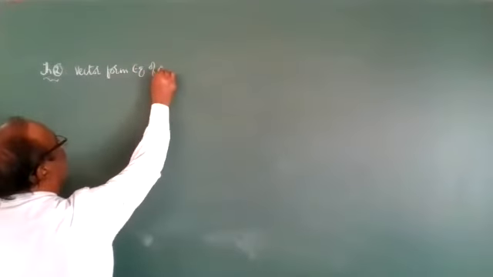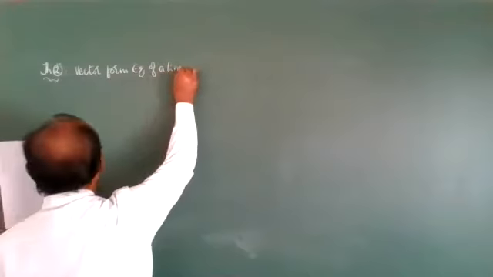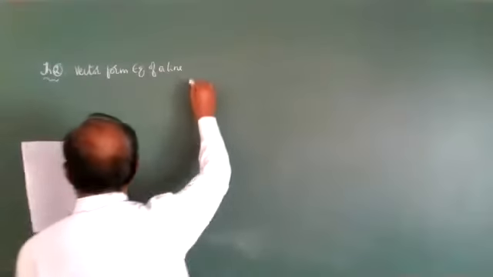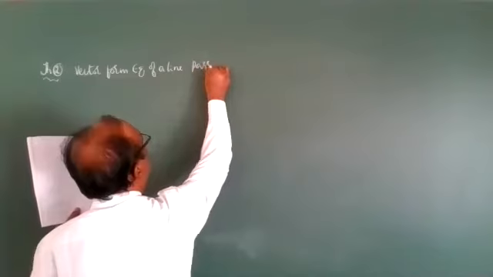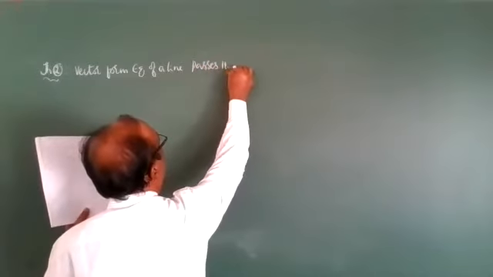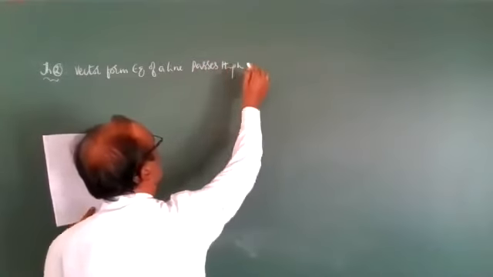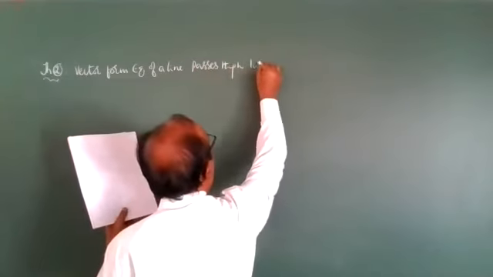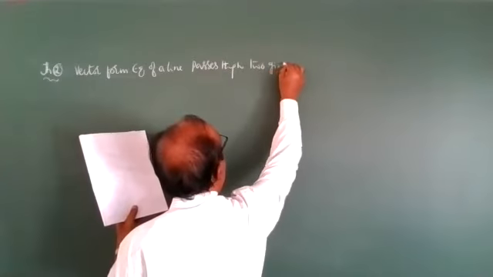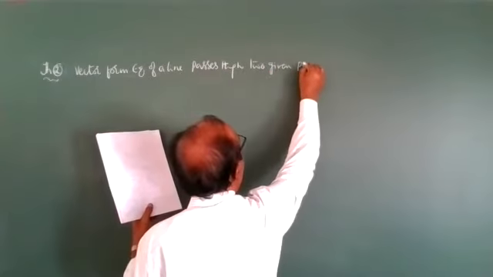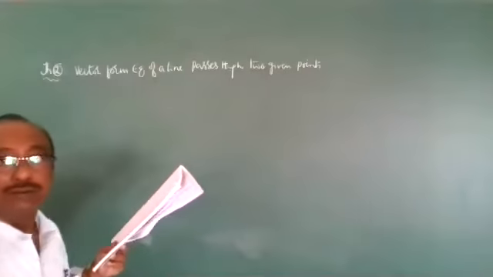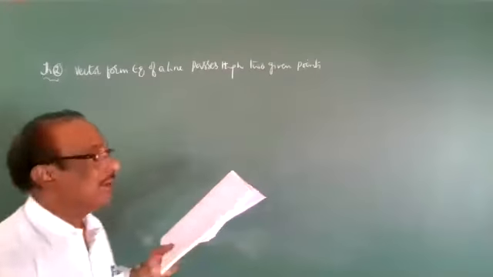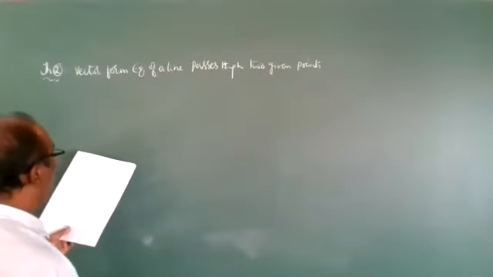Vector form of the equation of a line passing through 2 given points. What are the 2 given points?